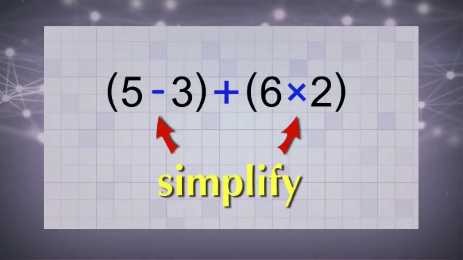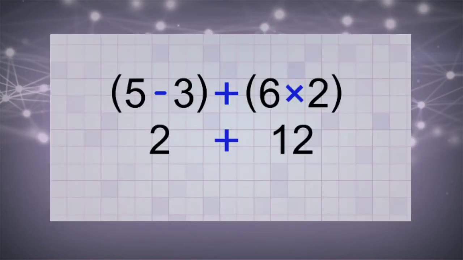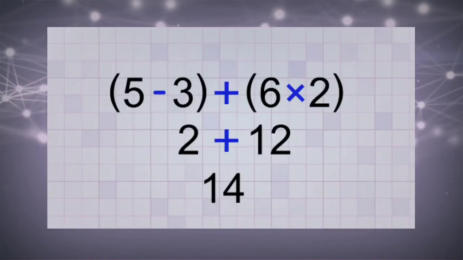In other words, we need to simplify both of our parentheses groups before we can do this addition in between them. The first group, 5 minus 3, simplifies to 2, and the second group, 6 times 2, simplifies to 12.